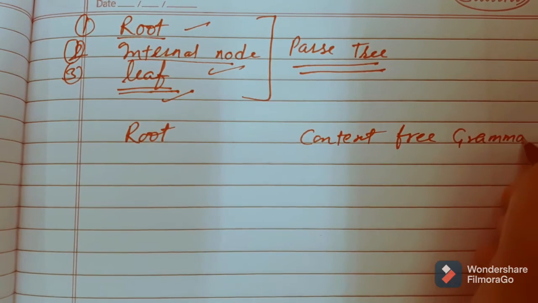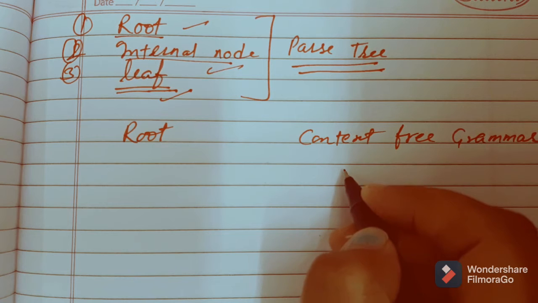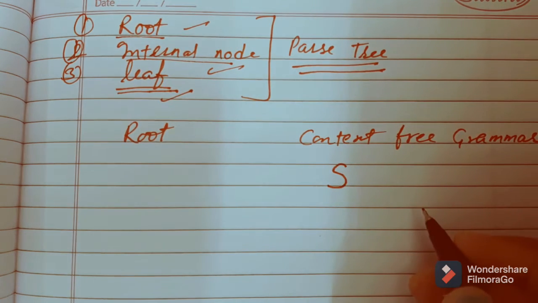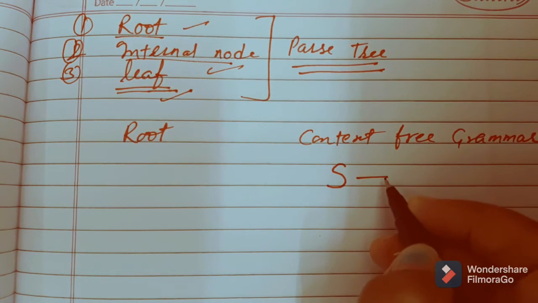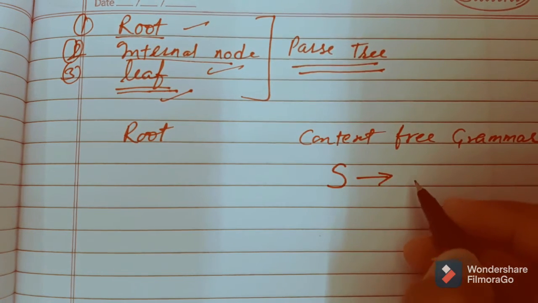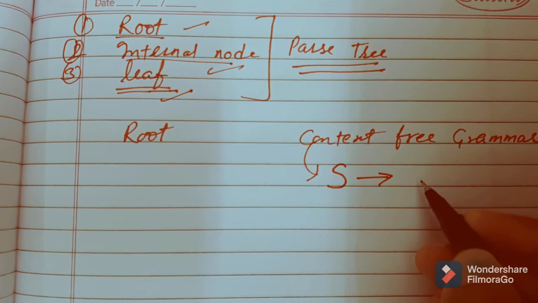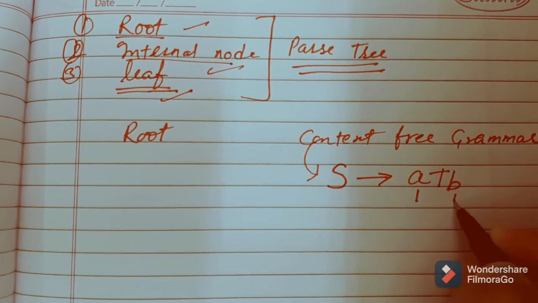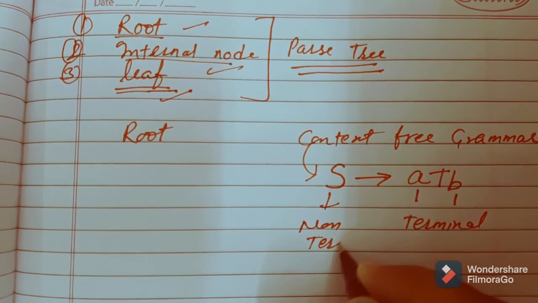In a context free grammar, on the left hand side we use a non-terminal. Non-terminal is represented with the help of a capital S. This is the terminology of representing the non-terminal. And the right hand side in a context free grammar can be terminal as well as non-terminal. These are the terminals and this is the non-terminal.